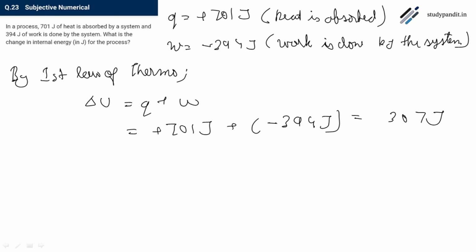Hence, the internal energy of the system increases by 307 joule. So, delta U is equal to 307 joule. That's the answer.